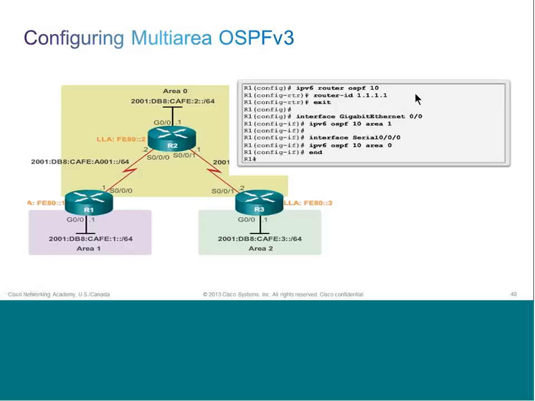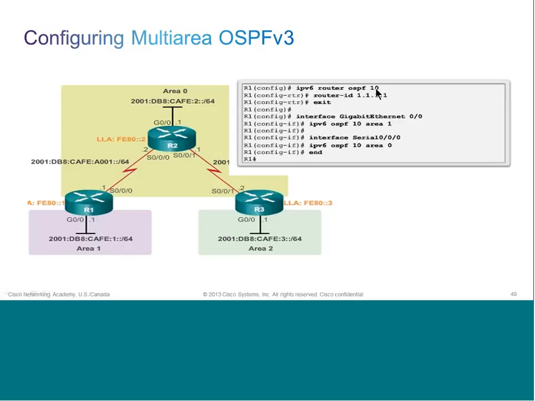The example also enables OSPF on the LAN interface in area 1. So if you look at area 1, there's a gigabit 0/0. We have assigned that gigabit Ethernet 0/0 interface. Notice we put IPv6 OSPF 10.